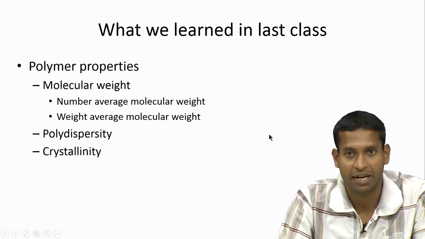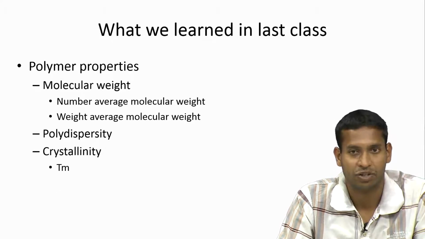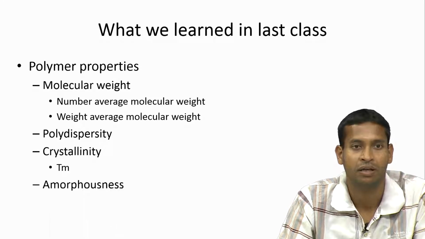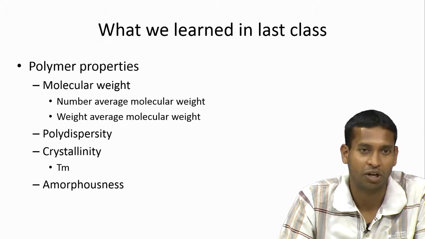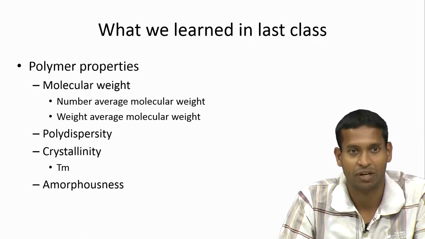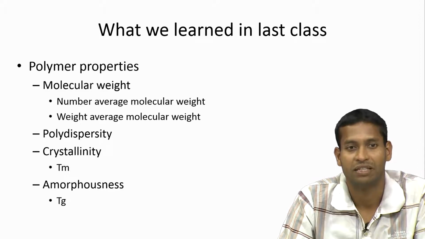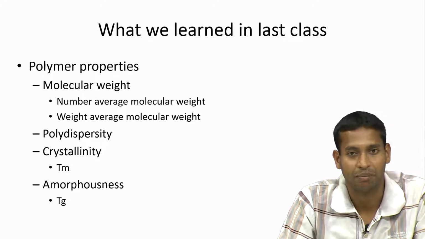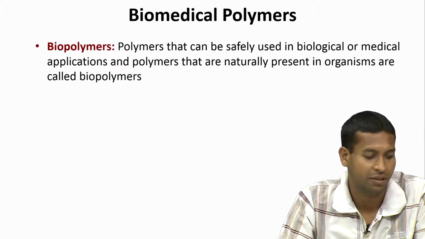We talked about crystallinity, how crystalline the polymer is, and the associated temperature is Tm, the melting temperature at which point the crystallinity is gone. For some polymers the crystallinity does not exist, it is only amorphousness, and the associated temperature for that is Tg.